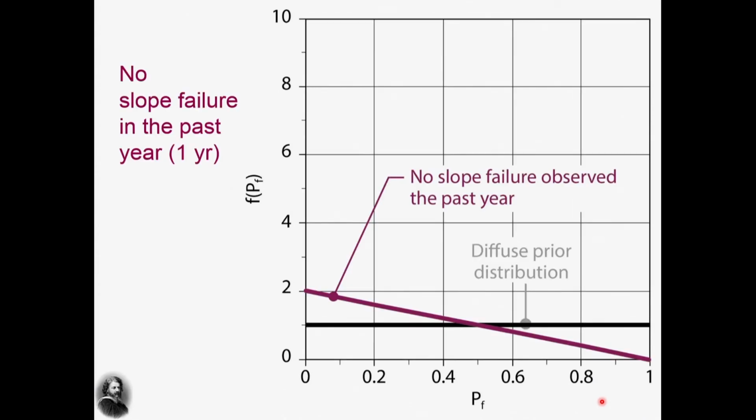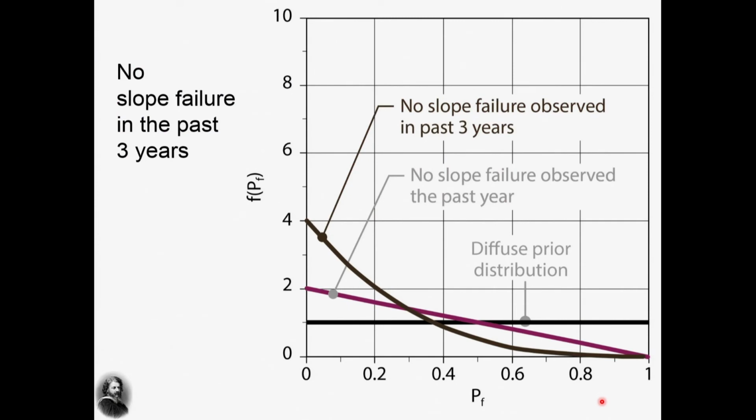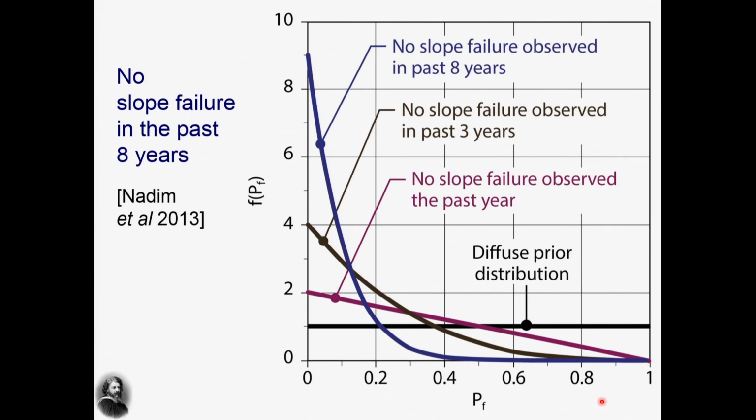But if you know that no failure was observed in the past year, then already you can change the probability of failure and you increase the probability of the lower probabilities of failure. Then if no failure has been observed during the past 3 years, you will have a distribution like this. And if there is no failure in the past 8 years, then it already becomes like this blue curve.